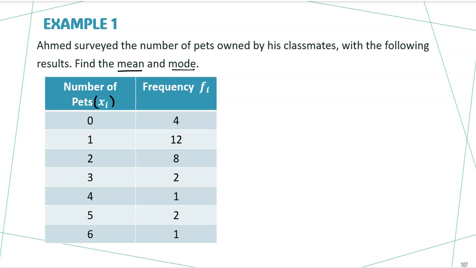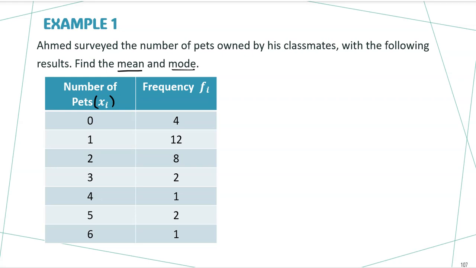There may be someone who owns only one pet. The maximum number of pets a classmate has is 6. Frequency is 4, so what does it say? There are 4 students in the class who don't own a pet, whereas there are 12 students who own one pet, and so on. The information is provided over here.